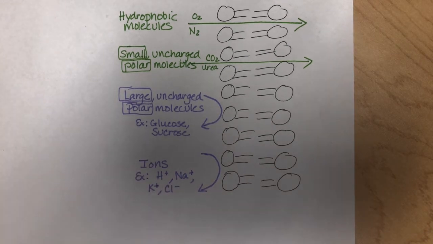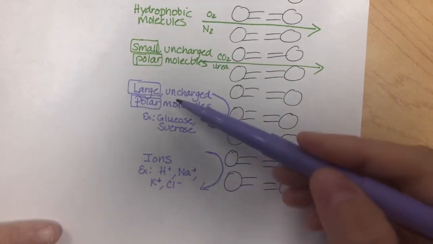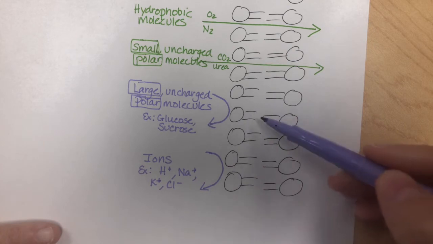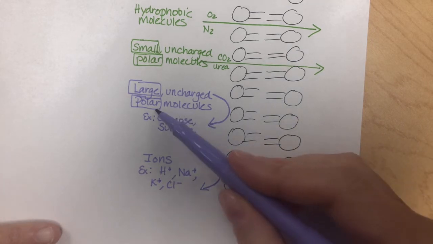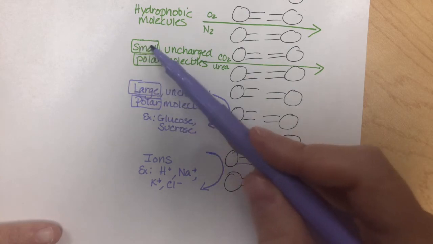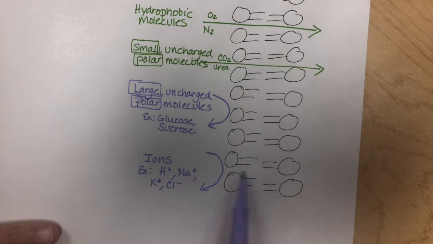So you get the picture. Anything with a charge. These two can't get through because of their large size, even though they are polar. These guys can because of their small size. And ions are just way too charged to get through.